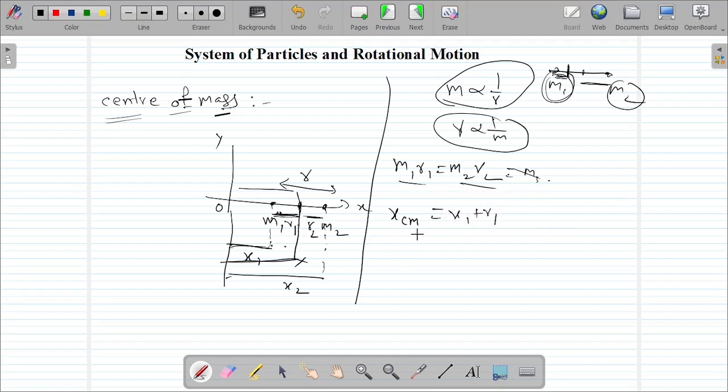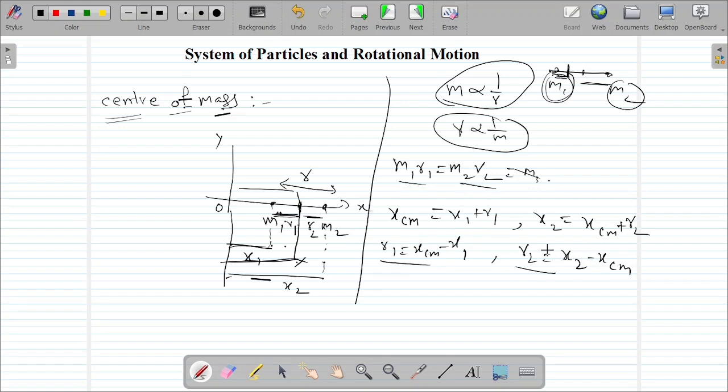Okay, then from this point, from x2 equal to x center of mass plus r2. So from this, r1 equal to xcm minus x1, r2 equal to x2 minus xcm.